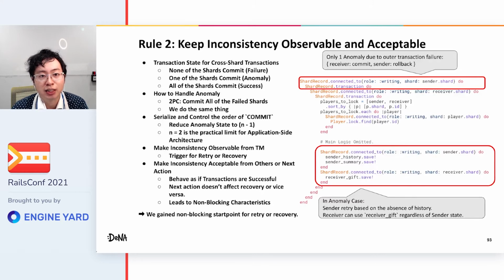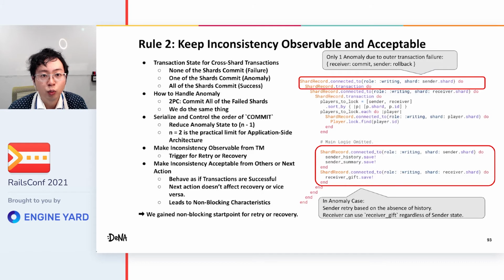Firstly, we serialize and control the order of commit. This reduces the anomaly state to n-1 for the number of resource managers. Secondly, we make the inconsistency observable from the transaction manager, in this scenario, the sender. This is the trigger for retry or recovery.